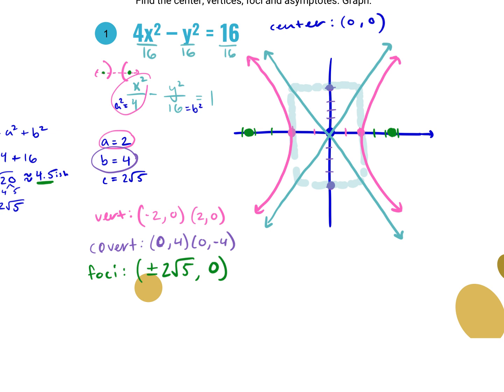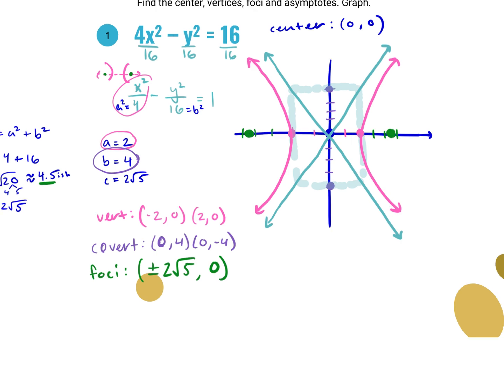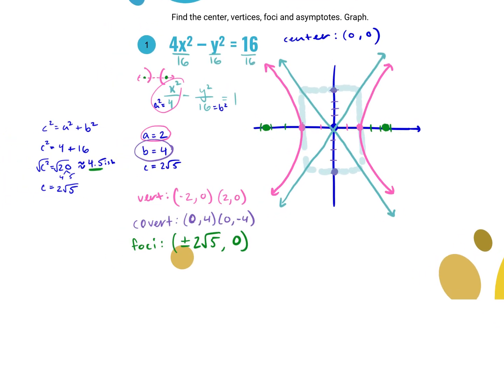Last thing we're going to find is our equation for our asymptotes. So drawing the asymptotes is the easy part because it just goes on the diagonal of the box. But for our equation, we need our formula. So for our asymptotes, our formula is y equals plus or minus. Now here's the tricky part.